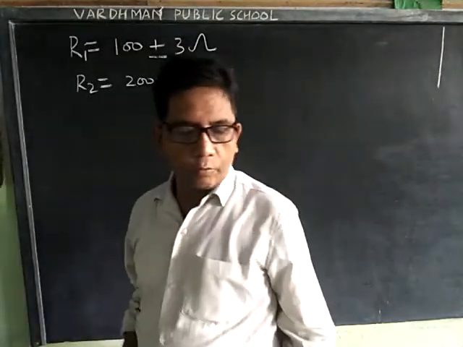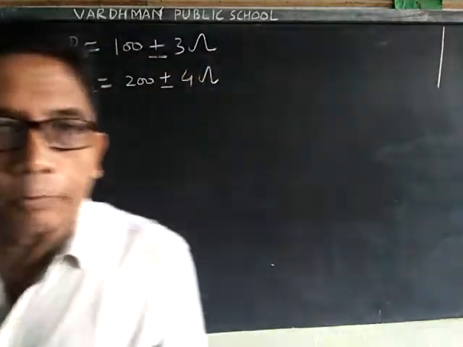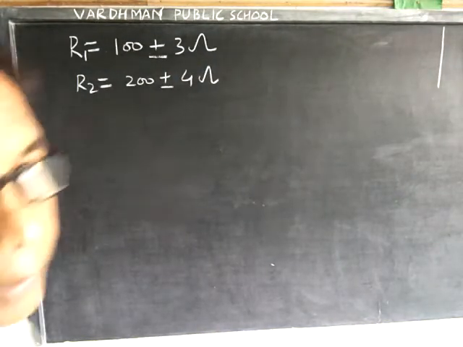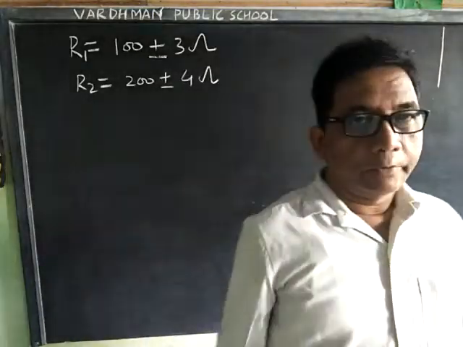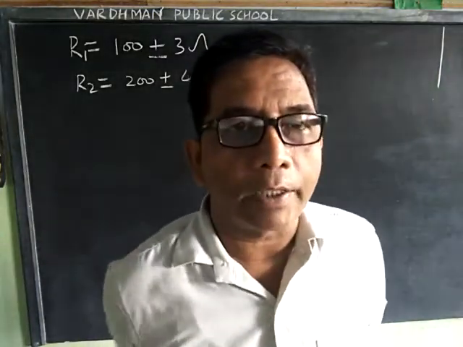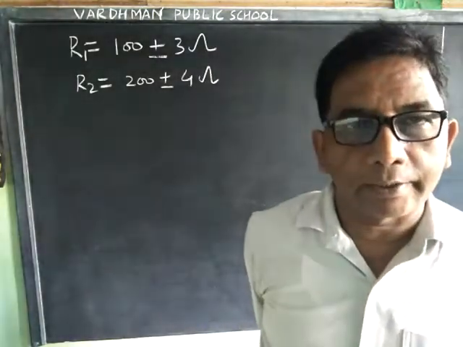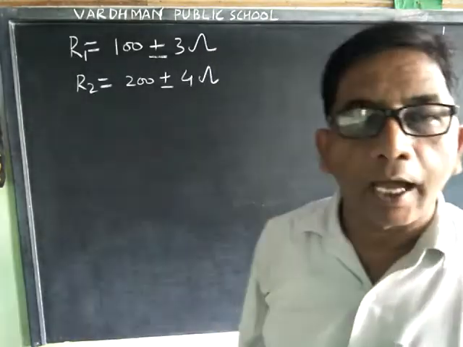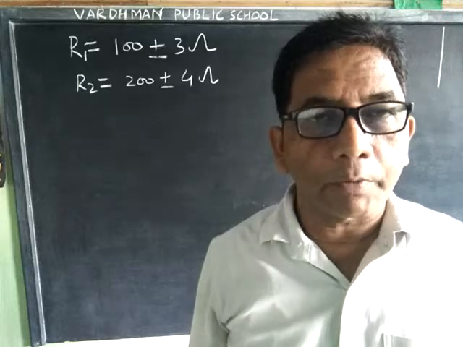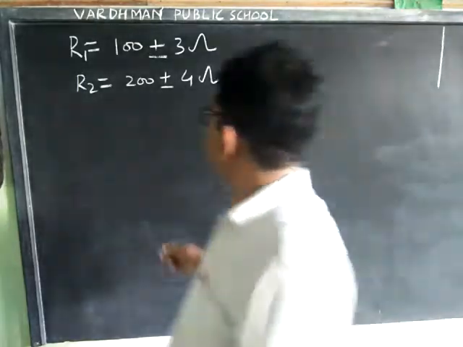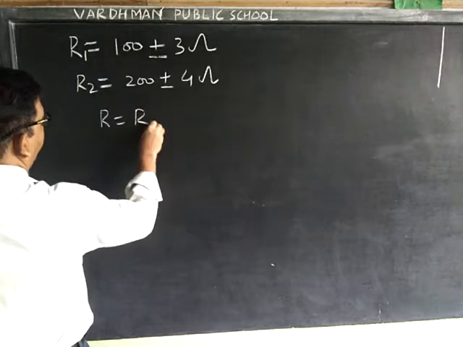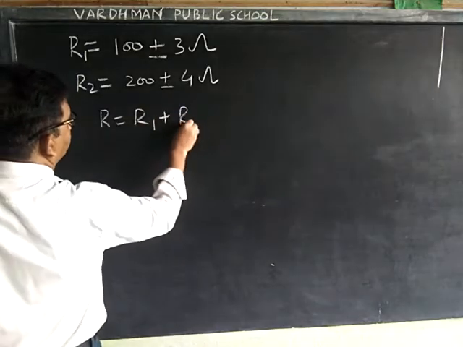Now we know the formula of series combination of resistances. When two resistances R1 and R2 are connected in series, then their equivalent resistance R is equal to R1 plus R2. That is R is equal to R1 plus R2.